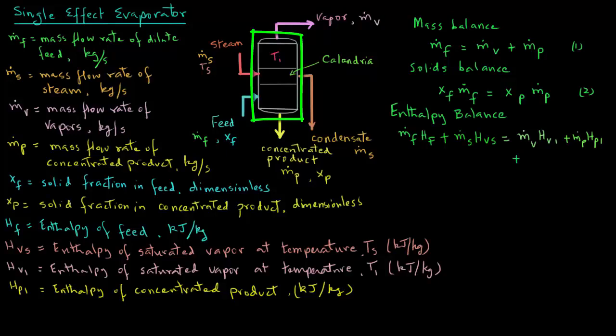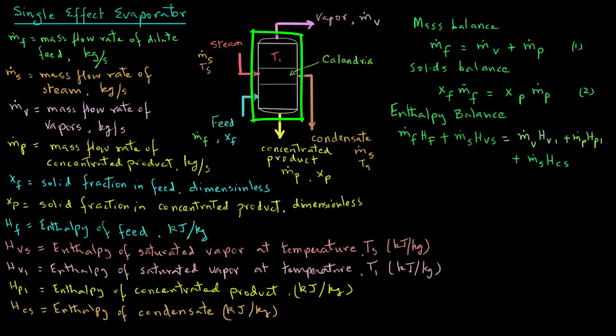This is the condensate that formed on the outside of the tubes as steam condensed into condensate. And the enthalpy content will be m dot s, that is the mass flow rate of the steam, times HCS, which is the enthalpy of the condensate in kilojoules per kilogram.